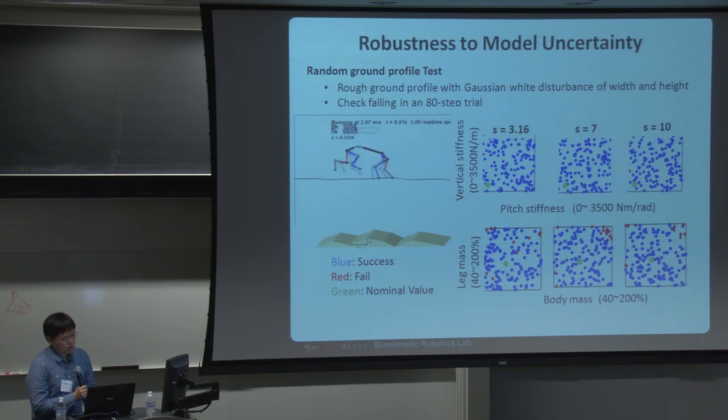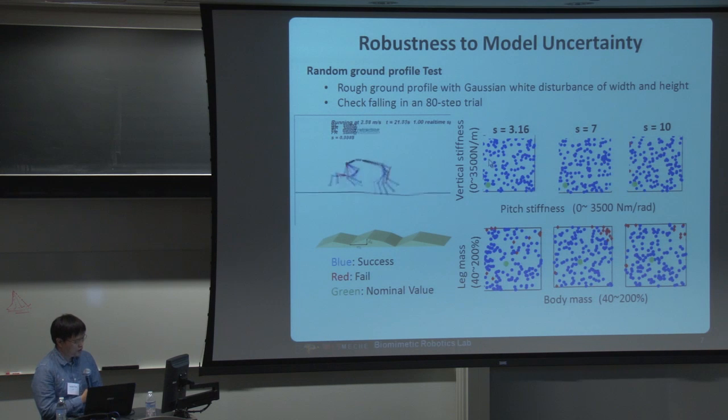So we did some robustness tests to model uncertainty as well. So here are AD step trial tests on the rough ground. The blue dot means the cheetah could finish this AD step trial, and the red dot means it cannot finish that AD step trial. And you can see that the ground is very rough.